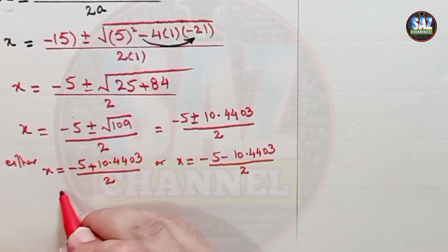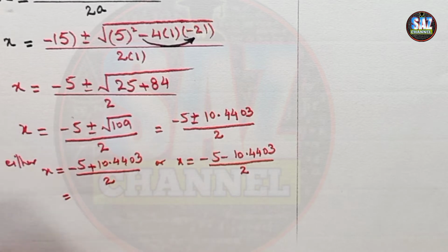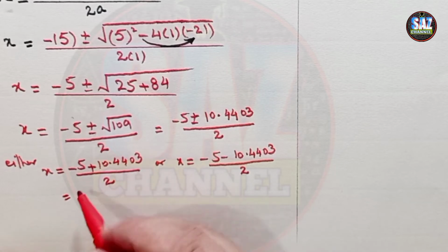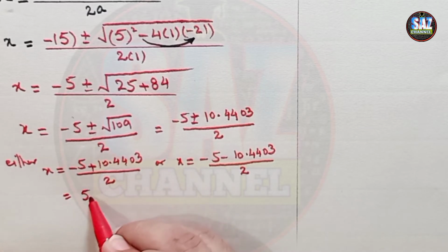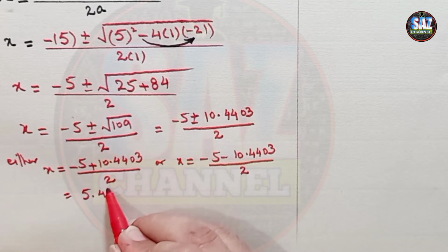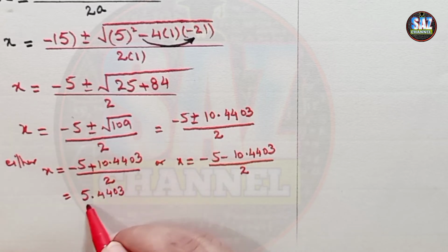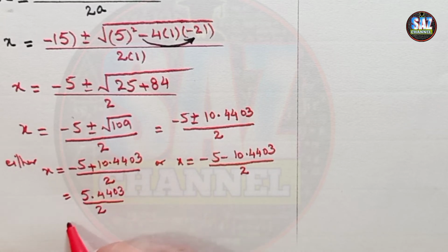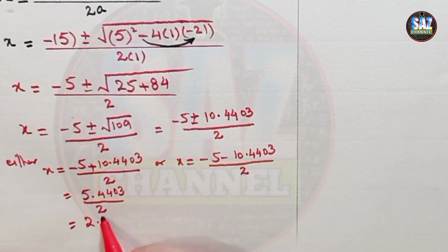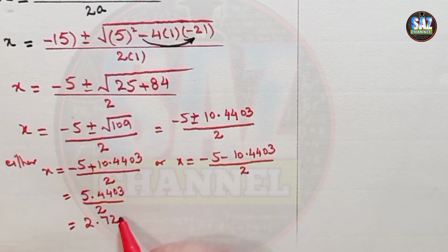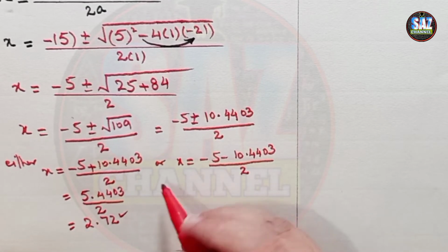So 10.4403 minus 5 gives me 5.4403 divided by 2. I have to divide this answer by 2, and I'm getting 2.72. So this will be the answer.